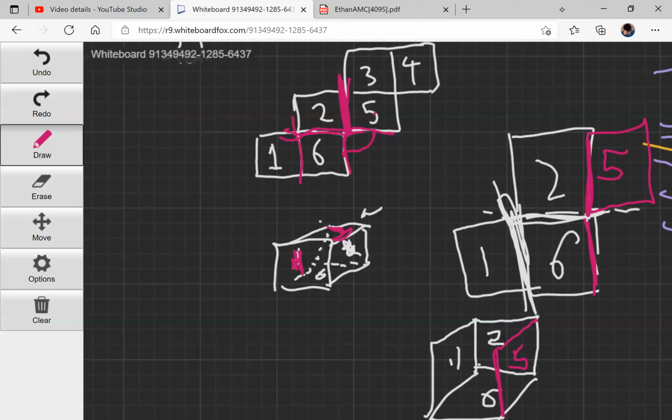So this bit touches this bit, yeah? So that's this line here. Okay, this bit here is this. You see that folds.